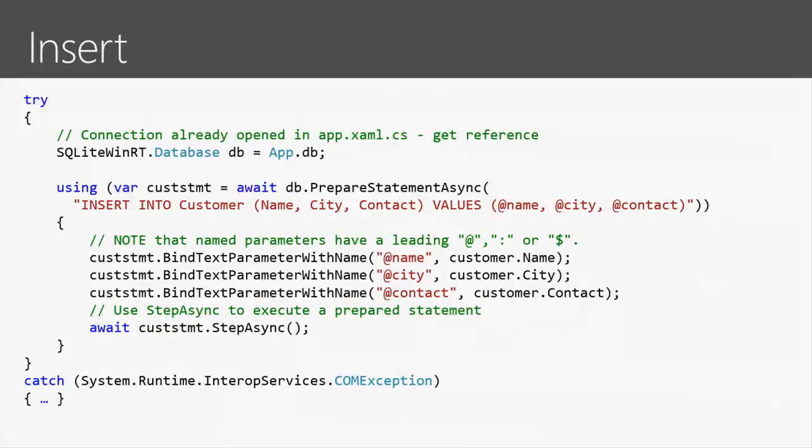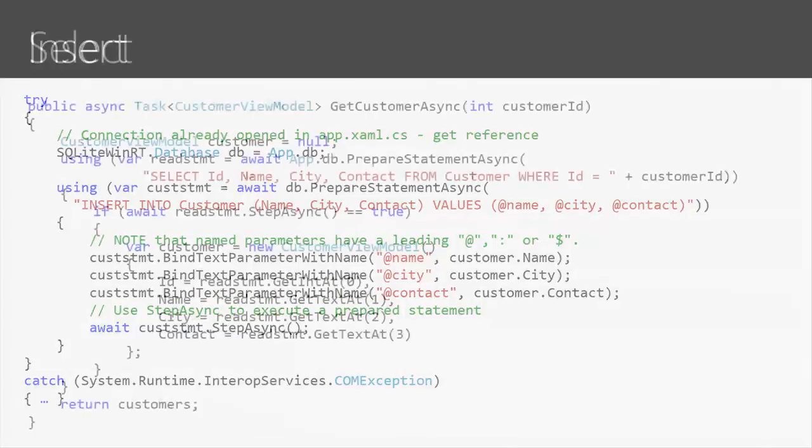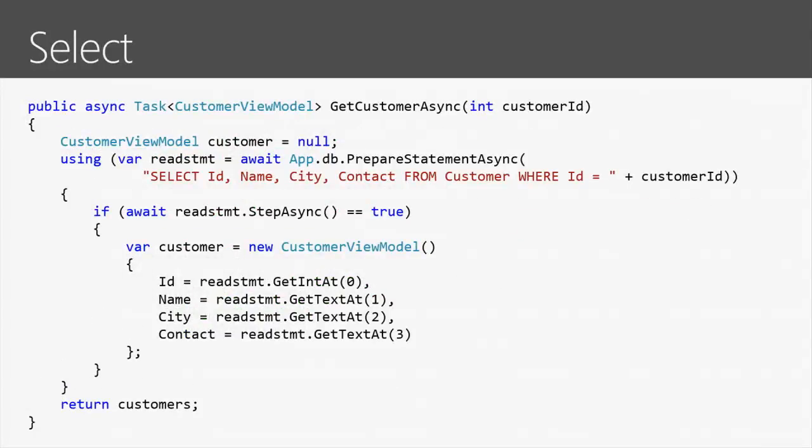So that's the model for using a statement. A select of ID, name, city, contact from customer, where ID equals some value, and then just step async, and you get values out of it. Now you'll notice that when you get the values back, you've got to extract them from the statement.